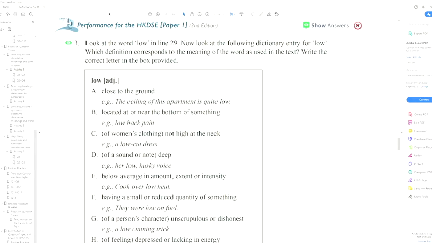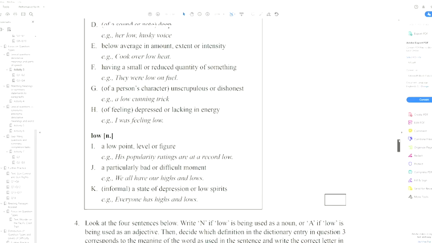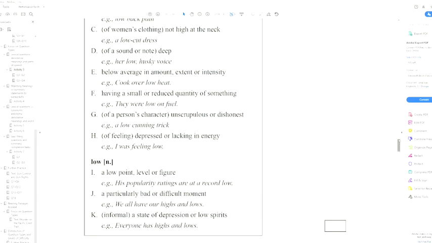Look at the word low in line 29, and let's see which of these would work. Okay. So you got a lot of options here. Line 29.